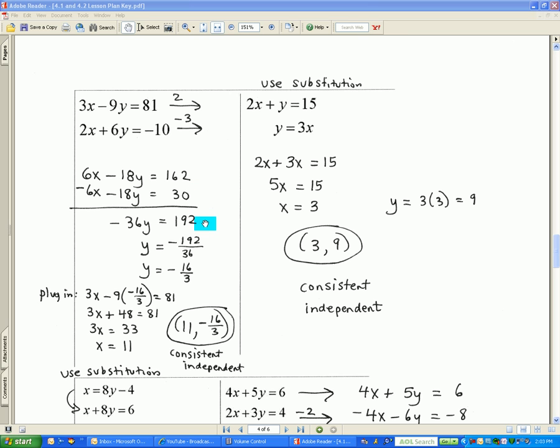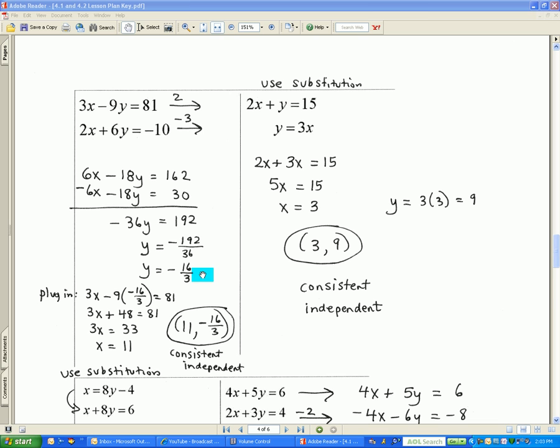I'm left with negative 36y equals 192. When I divide by negative 36, I get y equals negative 192 over 36, and that reduces to negative 16 thirds. It reduces to that because 12 is a common factor of top and bottom.